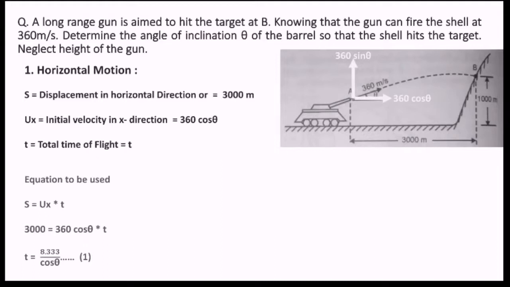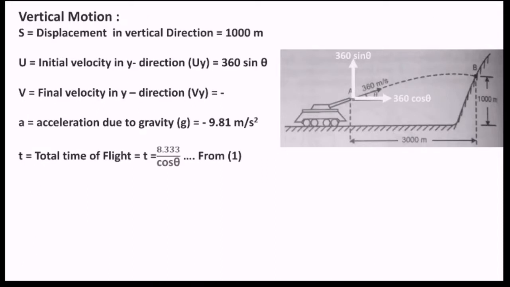For vertical motion we need 5 parameters, that is S, U, V, A and T. S is the distance between initial point and final point in y direction. From the figure you can see that the distance between points A and B in vertical direction is 1000 meters, so S will become 1000.